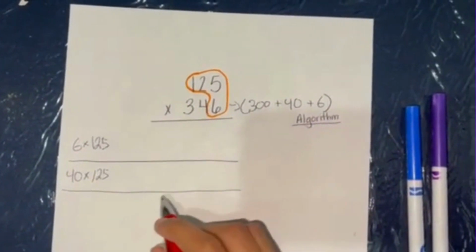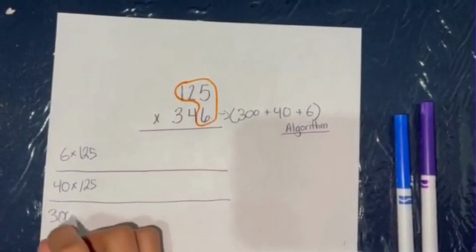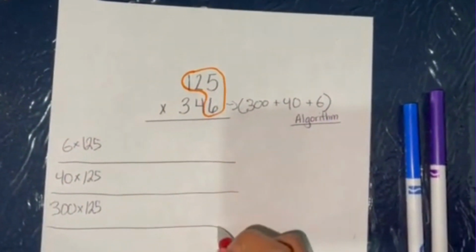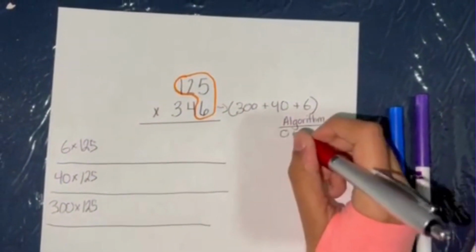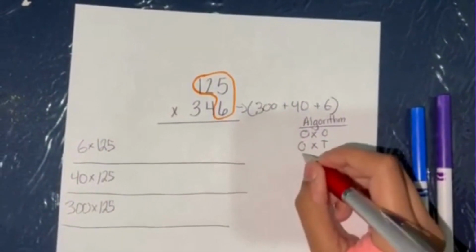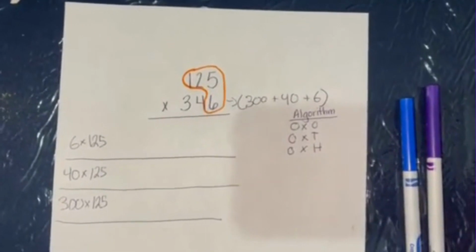And we're not done. We still got the hundreds place. 300 times 125. Let's write our algorithm. We'll start with the ones times the ones, ones times the tens, and ones times the hundreds.